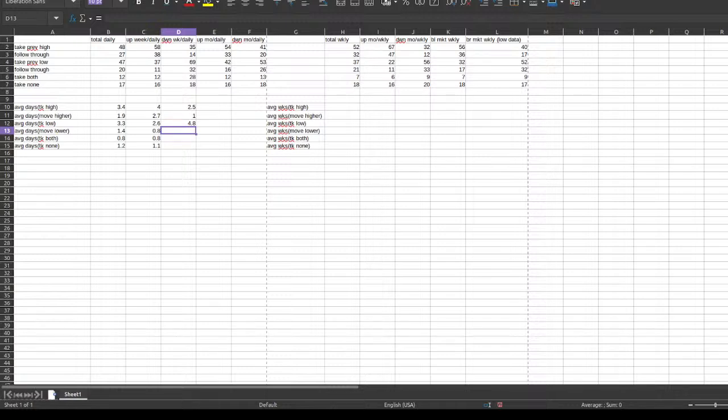That's actually a lot. 4.8 for down weeks. 4.8 days out of 7. I mean, are you kidding me? That's 5 days out of 7 most of the time that we're moving down. Isn't that crazy?